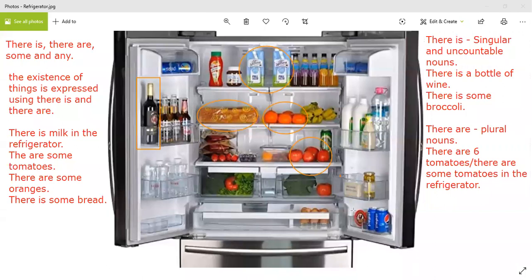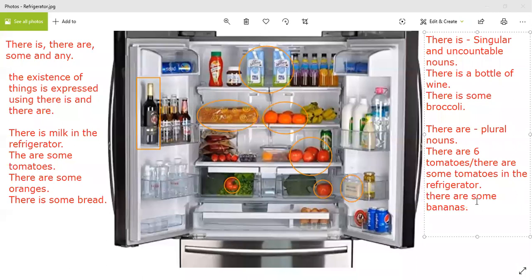Okay, the tomatoes are counted, where this tomato and these tomatoes over here. There are some bananas. There are some bananas too.